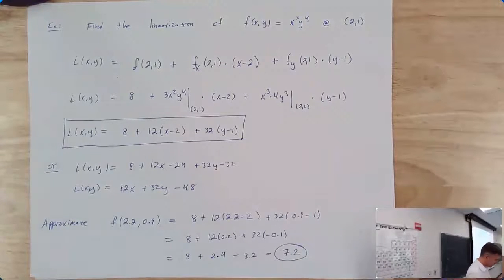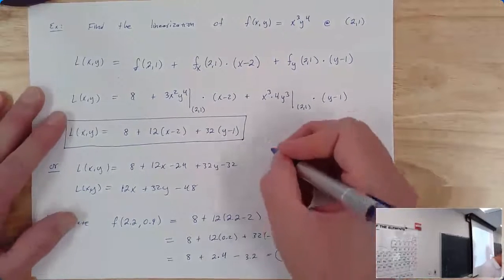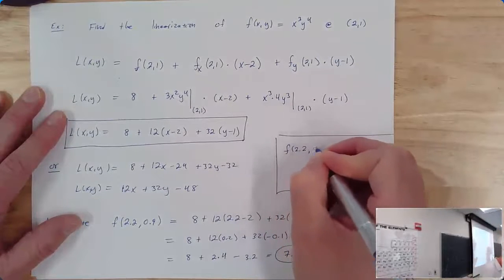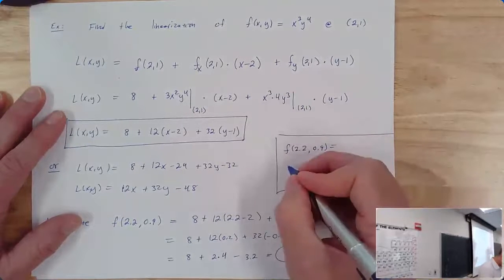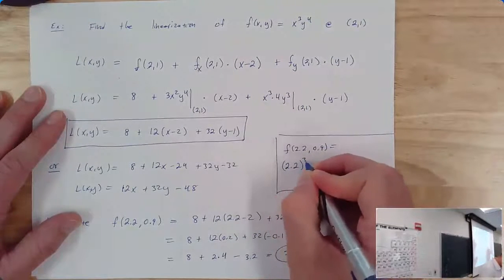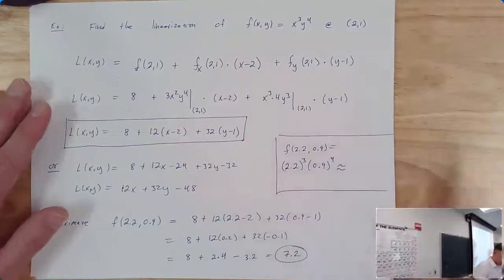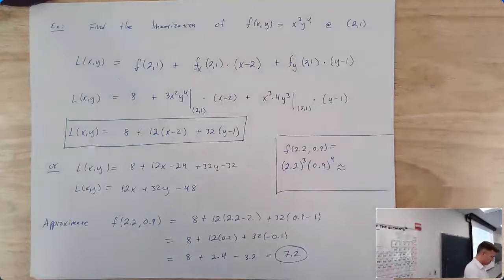So 8 minus 0.8 is 7.2. And if you were to plug the actual numbers into a calculator, f of 2.2, 0.9 would actually be 2.2 cubed times 0.9 to the fourth, which if we use a calculator, let's see, 2.2 cubed is 10.648.